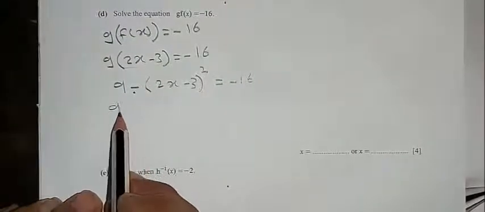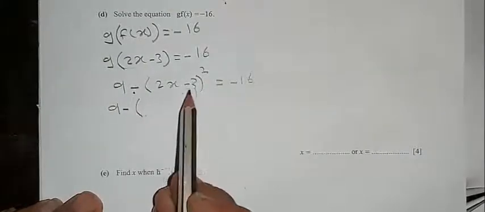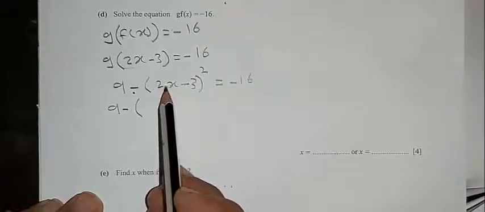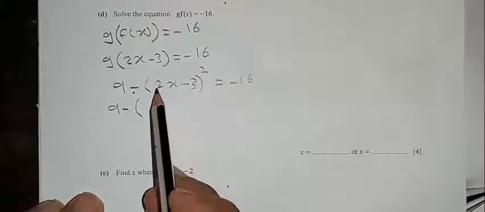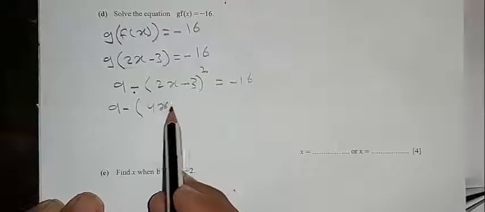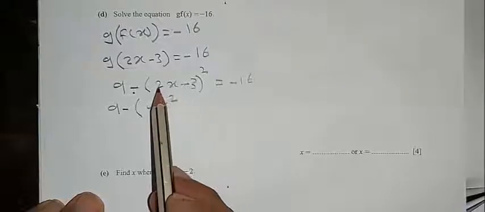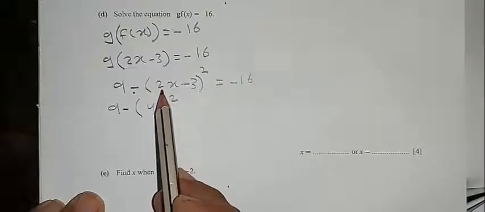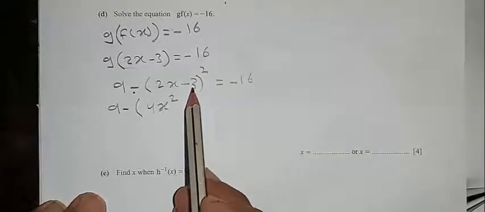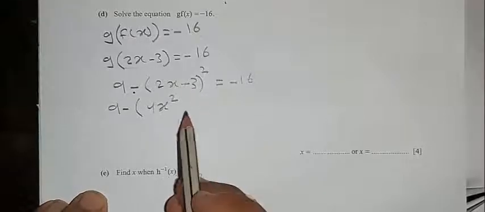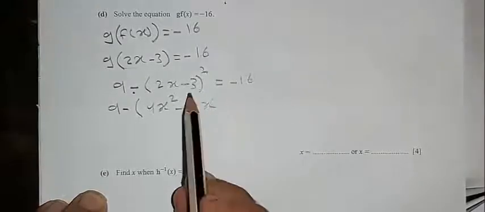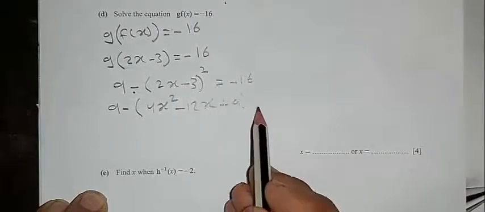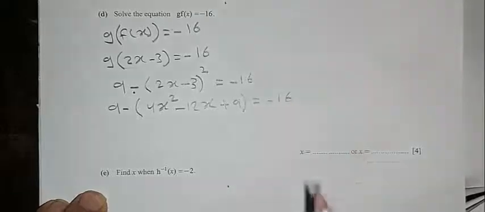We keep 9 minus this bracket to the power 2, and we expand: (2x) squared means 4x squared. The first term times the second term times 2: 2x times minus 3 is minus 6x, and another minus 6x makes minus 12x, then negative 3 squared is positive 9. Close the bracket, and this equals negative 16.